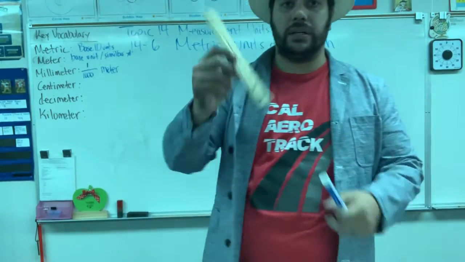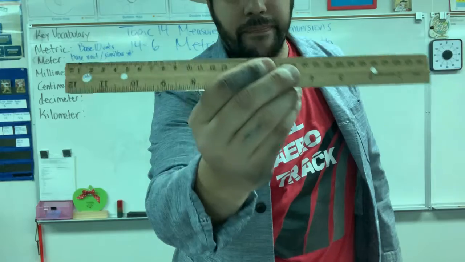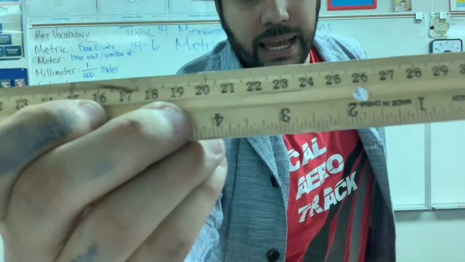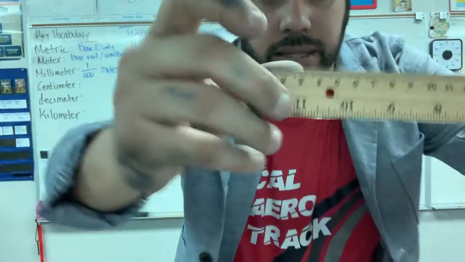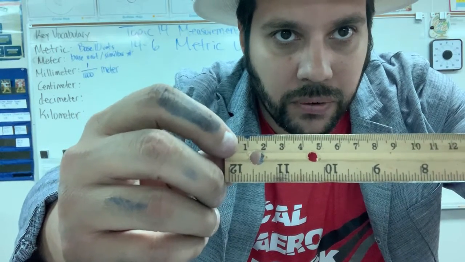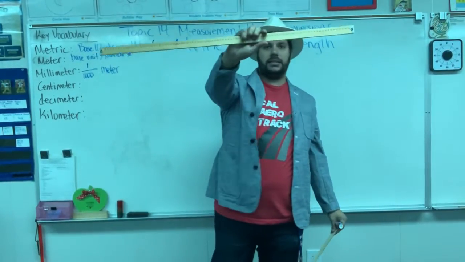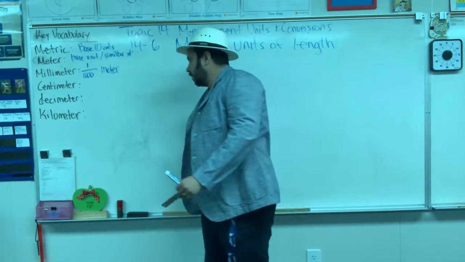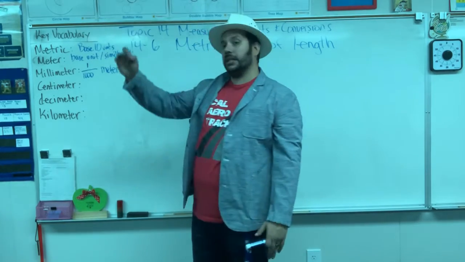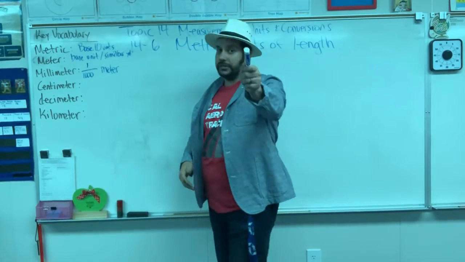So if we look at our ruler, here's our customary side with inches, here's our handy dandy metric side, and every one of those little ticks right up here at the top, every single little one is a millimeter, all right? And you get 1,000 of those, and you get one of these. So 1 millimeter is 1/1000th of a meter. Hey, fractions again. I told you we're not getting rid of them.